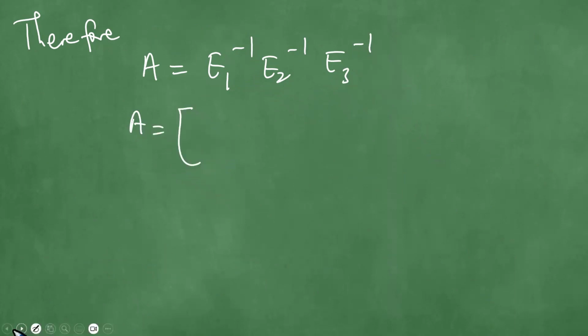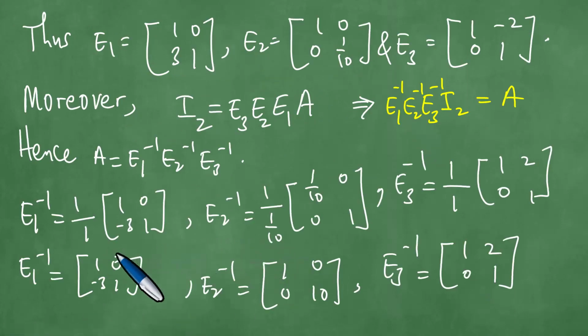What is E1 inverse? E1 inverse is actually exactly the following. Right, so we're able to make exactly the following calculation. And we know that E1 inverse is 1, 0, minus 3, 1.